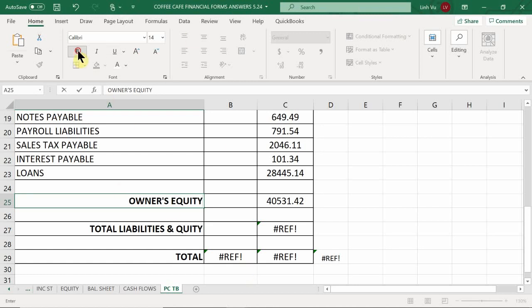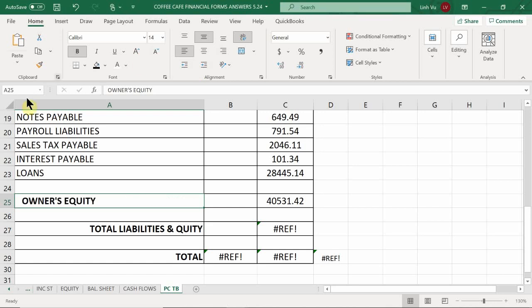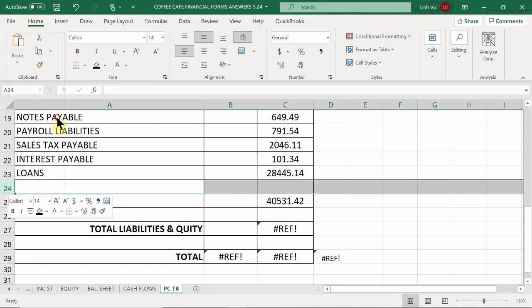And make sure you format it in the way where it doesn't look different. So this is going to be here. Nope. This one. There you go. You don't need that to be bolded. And this extra gap here you can get rid of.